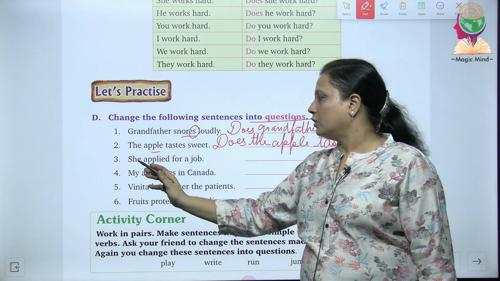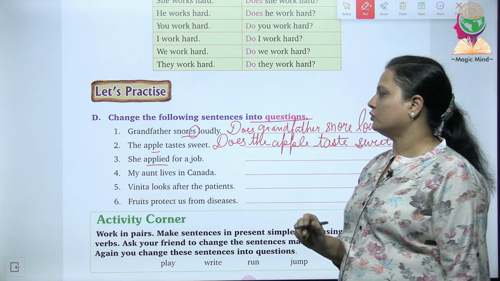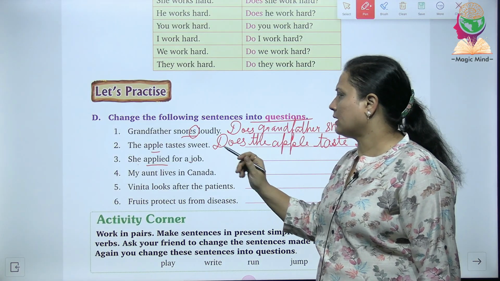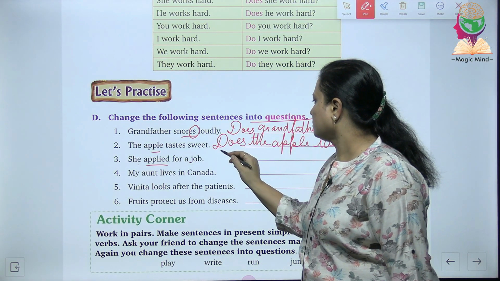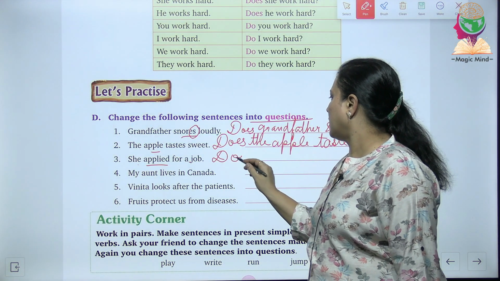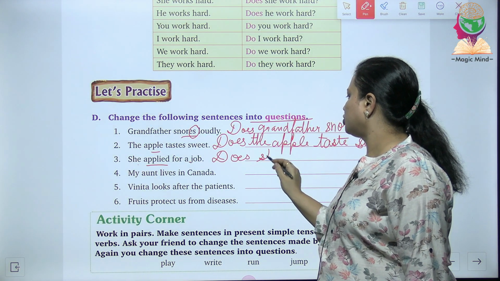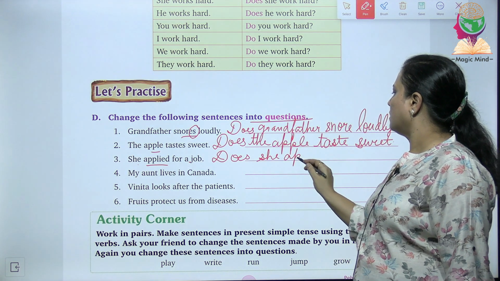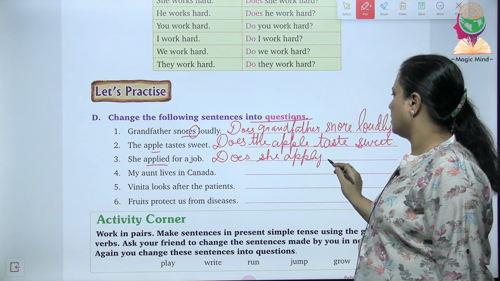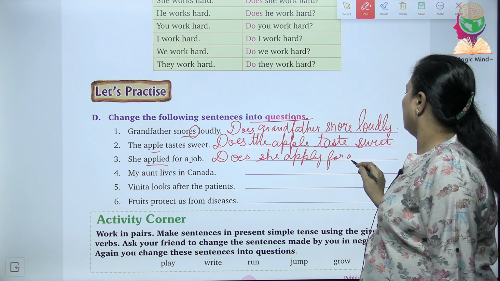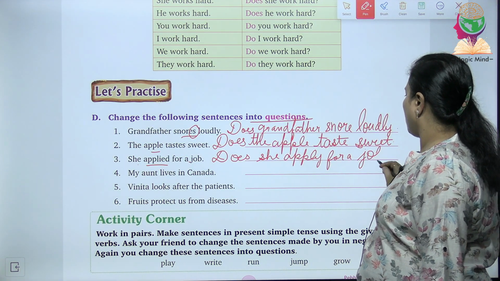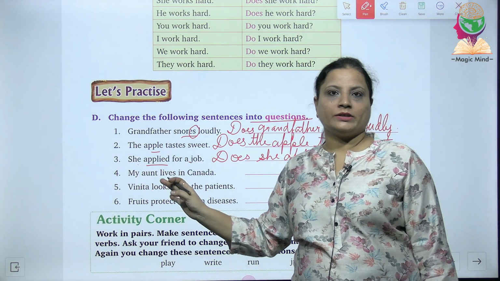Then the third one, she applied for a job. What will come over here? Does she apply for a job? Now there is a mistake in the question.